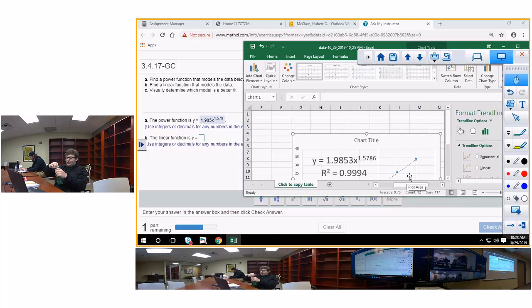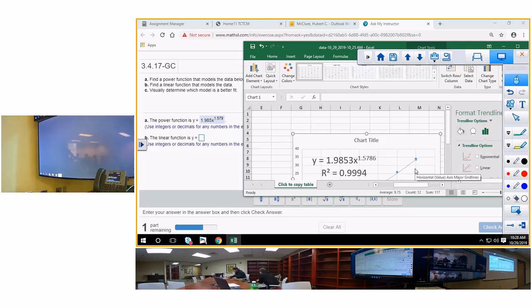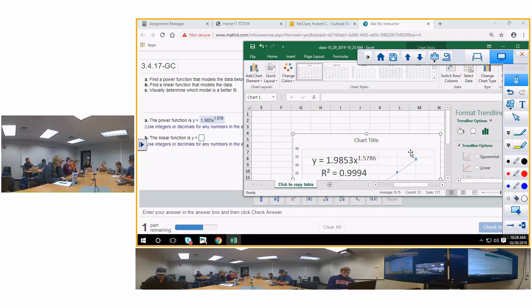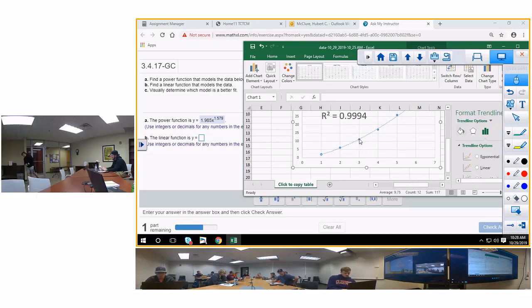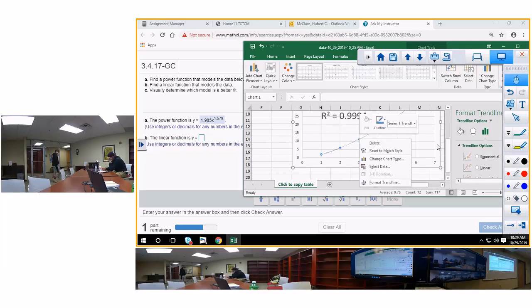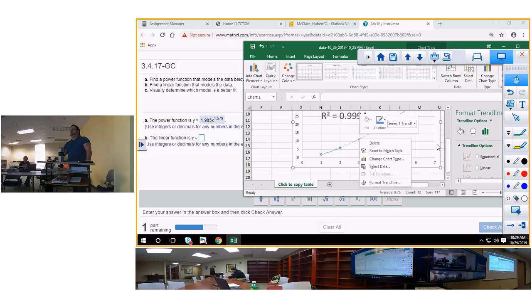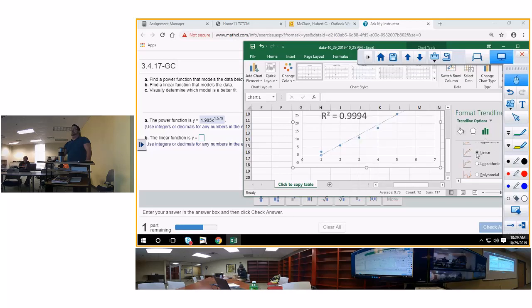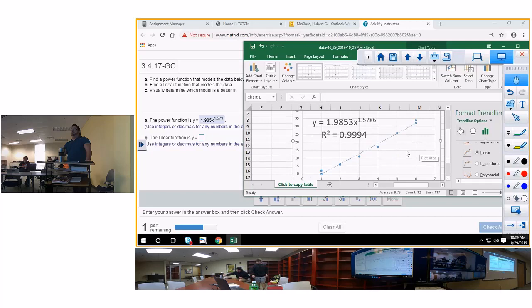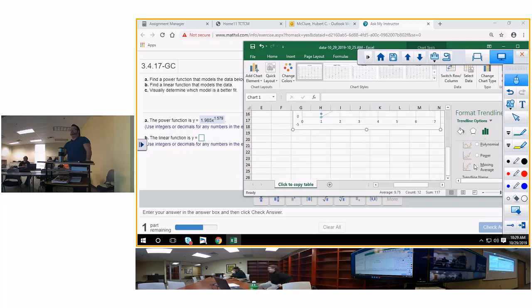Trying to crumble it up. I'm like, no, I'm still working on it. Might want to hand me a piece of paper so I go up to the microphone. I keep forgetting. Anyway, change it to linear. Right click, add trend line.